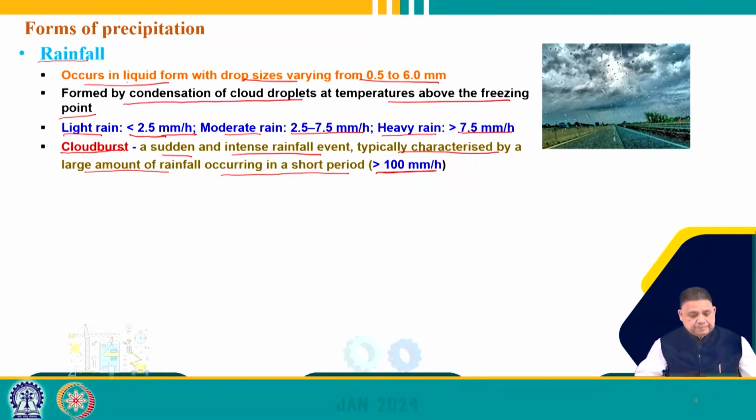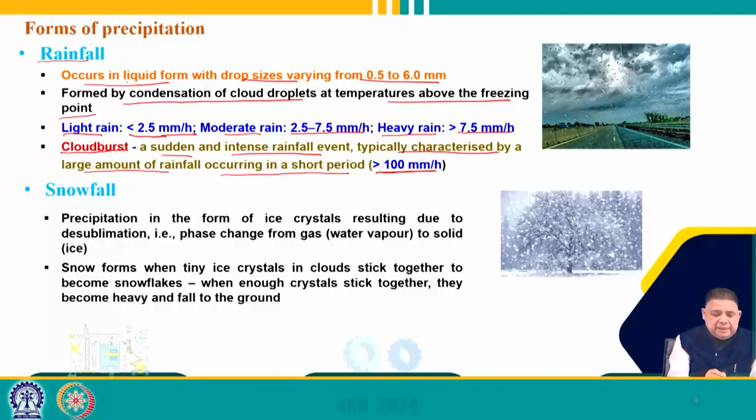The next important form is snowfall, which is precipitation in the form of ice crystals resulting from desublimation, which is basically a process of phase change from gas, that is water vapor, to solid ice. So, because of desublimation there is a phase change, that is, water vapors get converted into ice. Of course, temperature plays a significant role, and when precipitation reaches the surface in the form of ice crystals, it is referred to as snowfall.